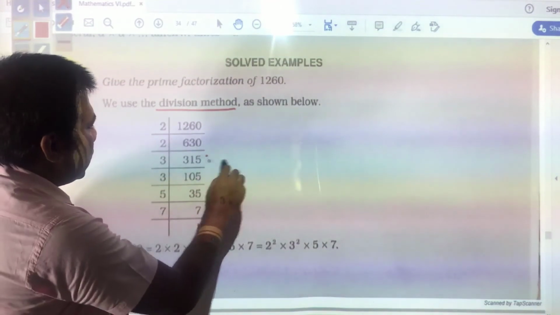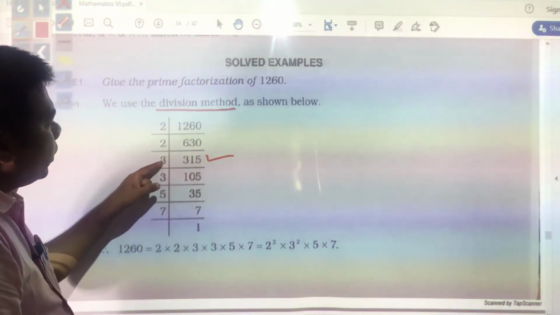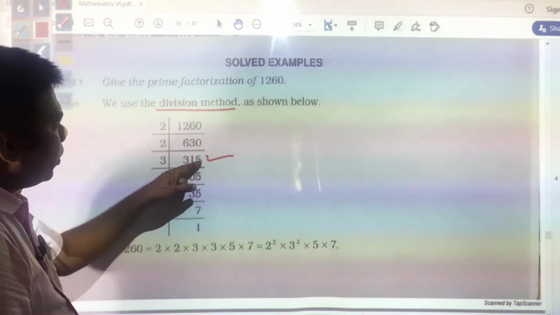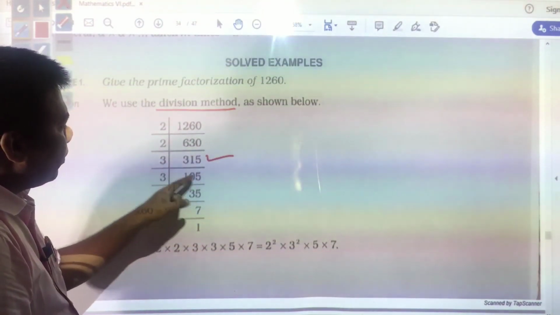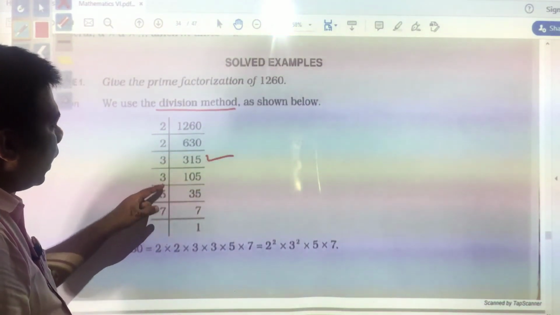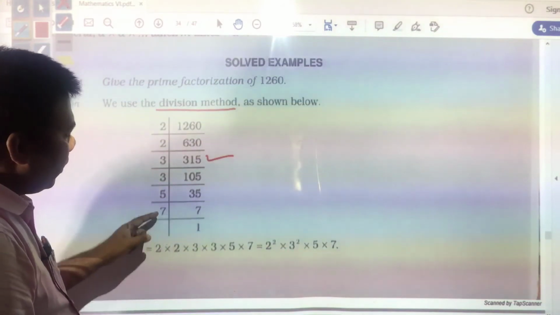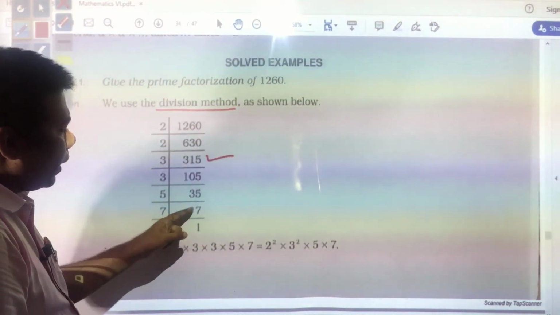Now this 315 cannot be divided by 2. So by 3: 3 ones are 3, 0 we put, and then you get 15, 3 fives are 15, 3 threes are 9 and 3 fives are 15. Again by 3 it will not be divisible. So 5 sevens are 35 and finally 7 ones are 7.